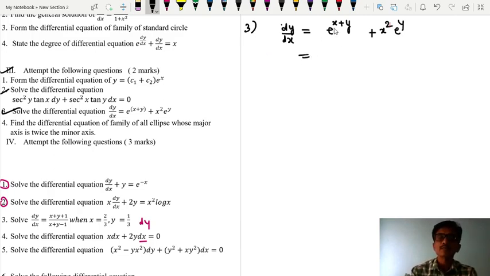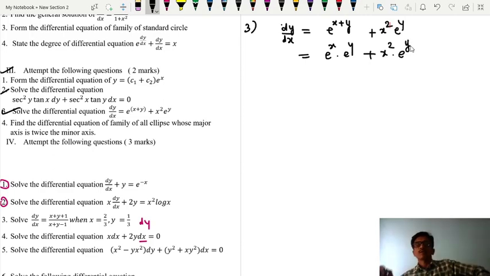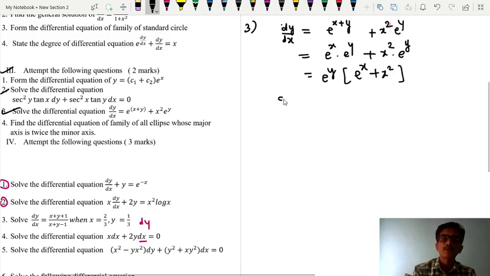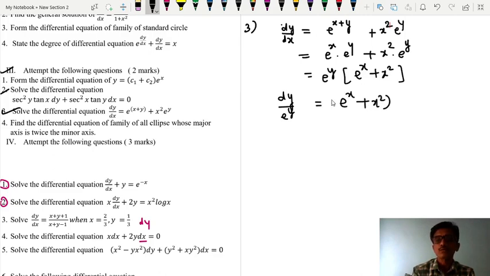Here e raised to power x plus y we can write as e raised to power x into e raised to power y. This is x square into e raised to power y. Then e raised to power y you can take common: it is e raised to power y into e raised to power x plus x square. So writing in variable separable form, dy upon e raised to power y is equal to e raised to power x plus x square into dx.